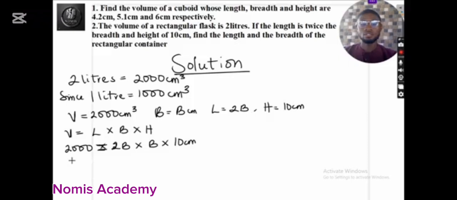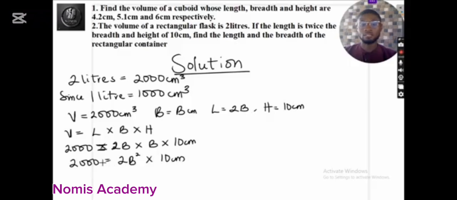So 2000 equals 2b times b, that will be 2b squared, multiplied by 10 centimeter. Remember, this is centimeter cube.